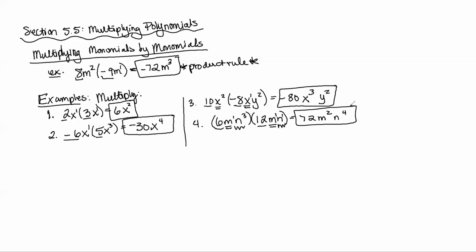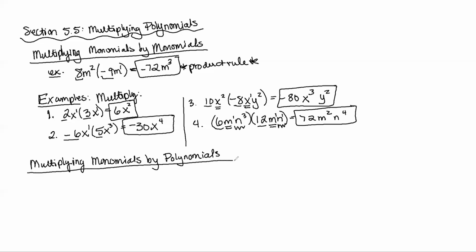But what if we multiply monomials by polynomials? By putting polynomials here, monomial is just a type of polynomial. So this could still imply that we're multiplying monomials by monomials, but we're going to try some where it's a little bit longer.